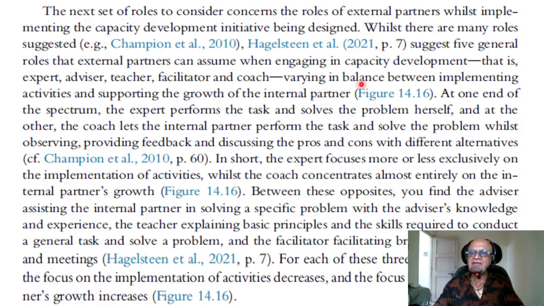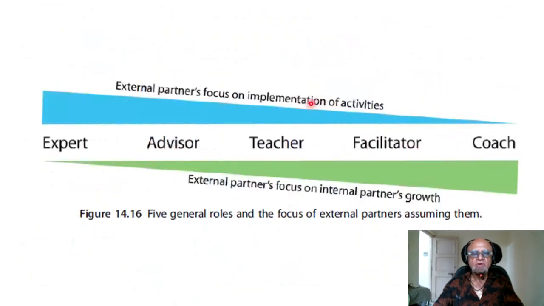This varies in balance between implementing activities and supporting the growth of the internal partner. So this is what we mean. Experts start here. So external partners focus on implementation of activities will be quite dominant here, because external partners focus on internal partners' growth will still be in the learning process. So then they become advisors at some point as internal partners begin to grow.